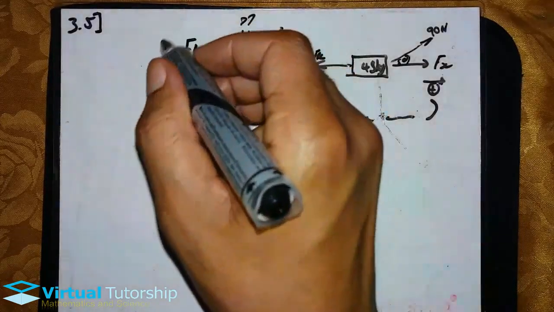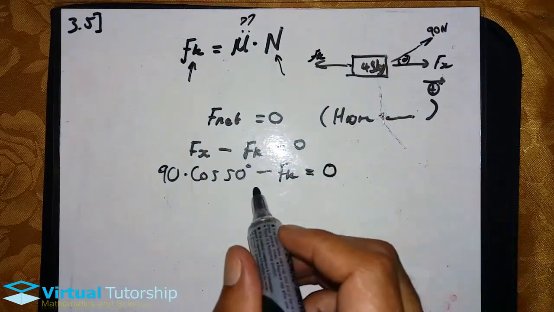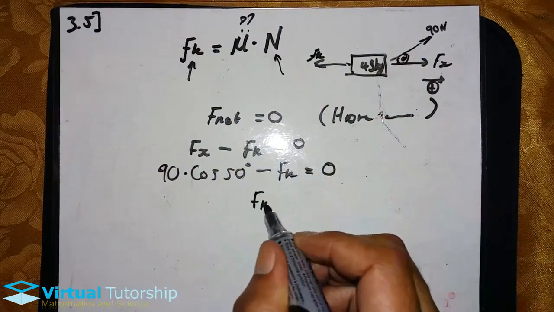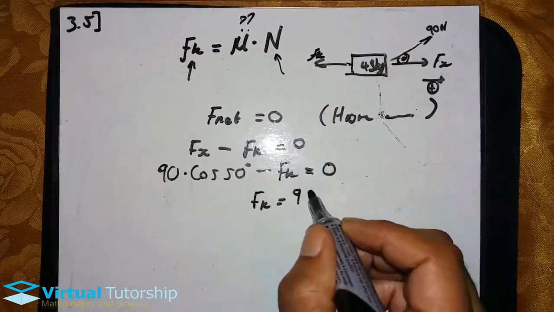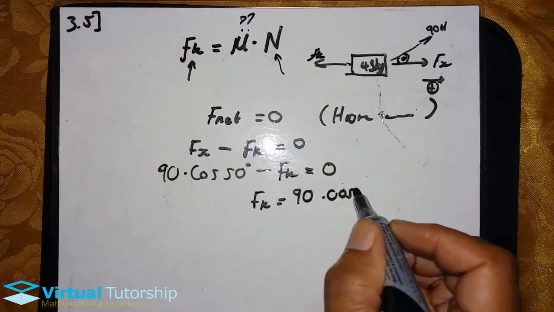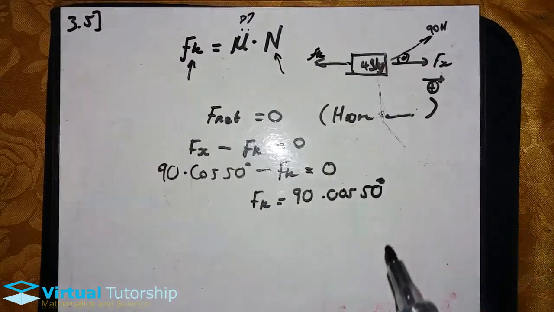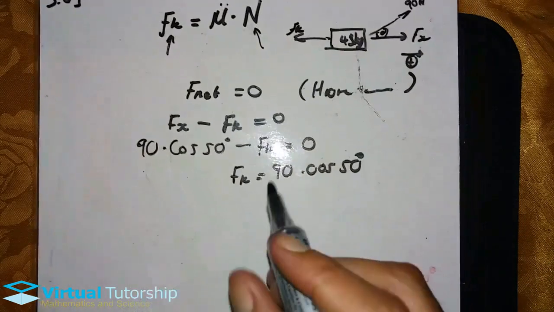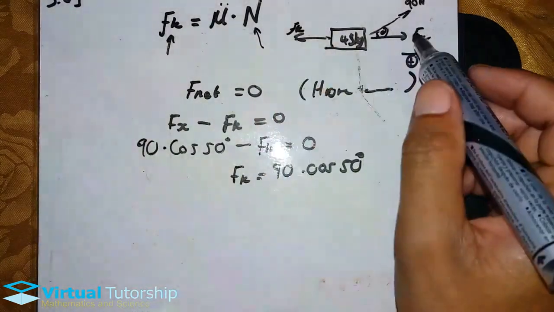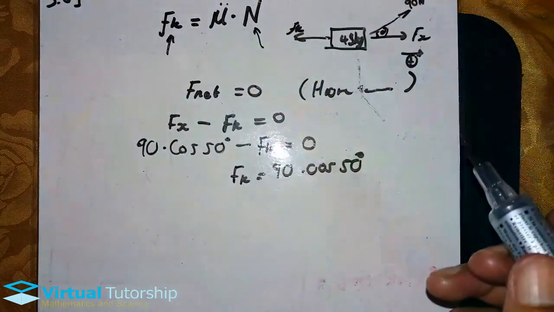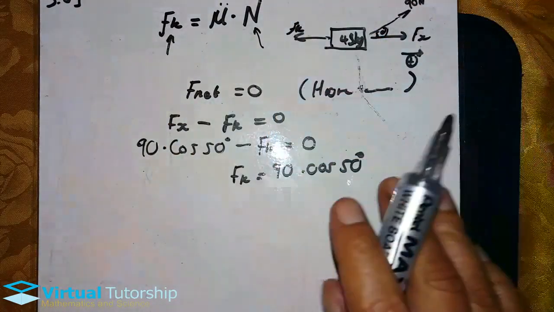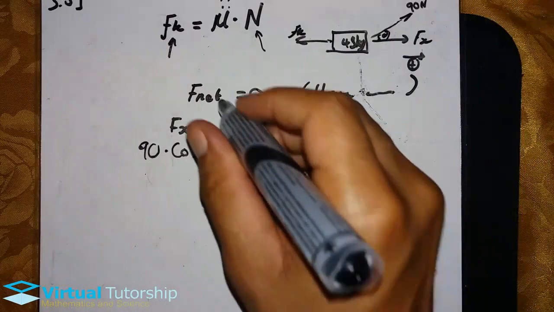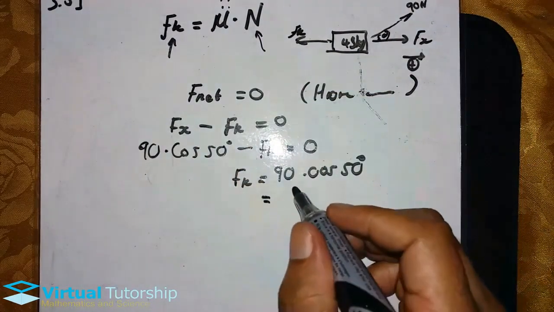So we must first calculate Fk. So Fk is equal to 90 times cos 50 degrees. In other words, Fk is equivalent to Fx. So these forces are equal and will cancel each other out. That's why the object moves at a constant velocity, because our F net is equal to 0.